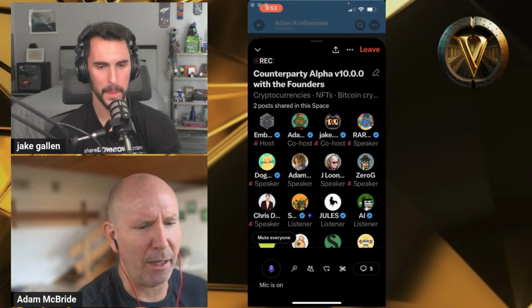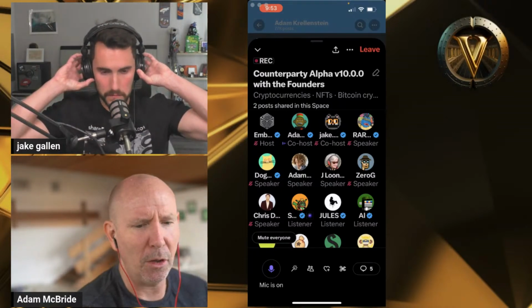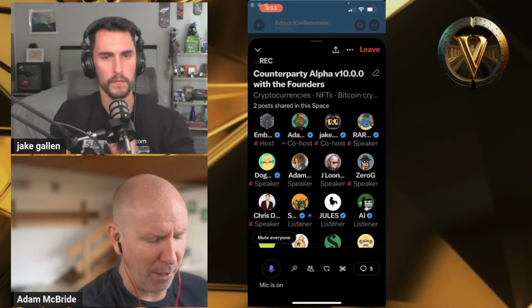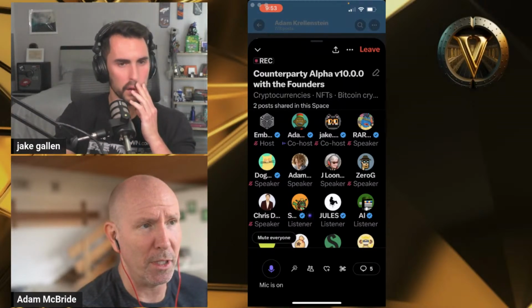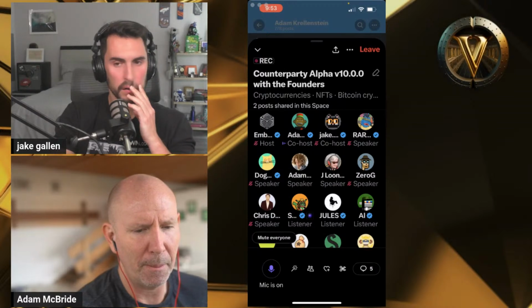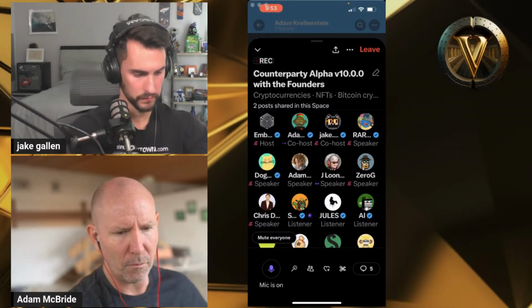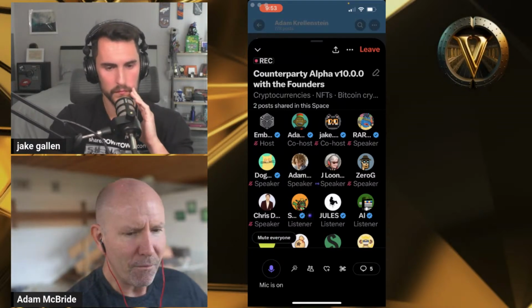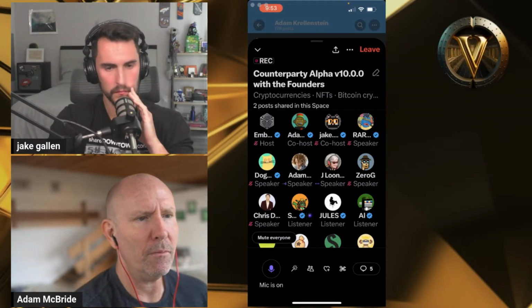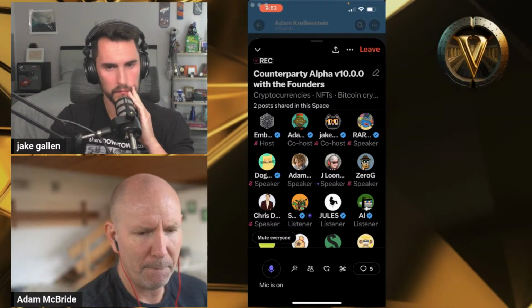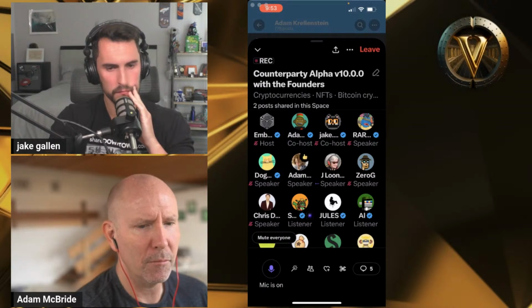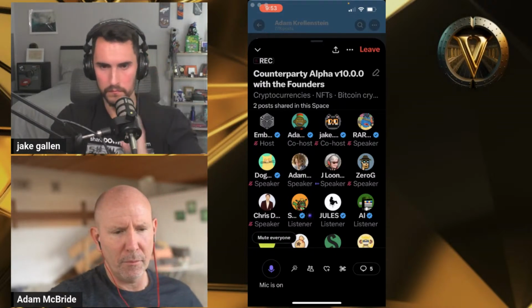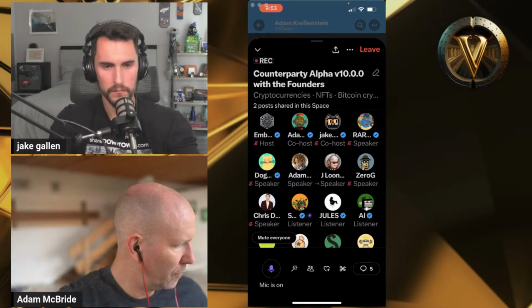So give us, because I know a lot of people have never used the DEX on Counterparty, a real high level of how it functions for the average user if they wanted to try and use the DEX rather than dispensers. Yeah, the big difference, at least the way I did it in Rare Pepe Wallet, is I didn't include Bitcoin. You can use Bitcoin with the DEX, but it's a little clunky, and it's one of the reasons why we're going to go toward the PSBT model that the UTXO based tokens use.